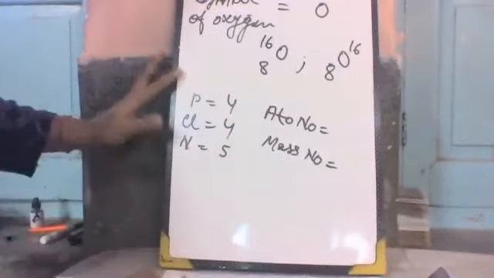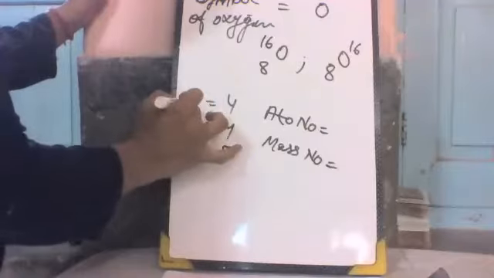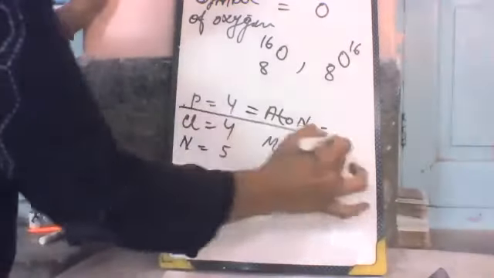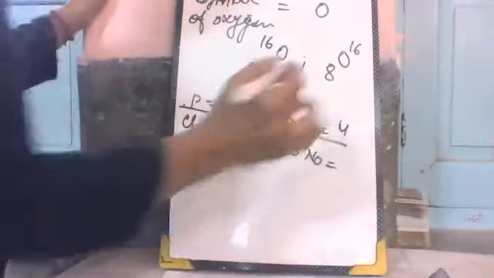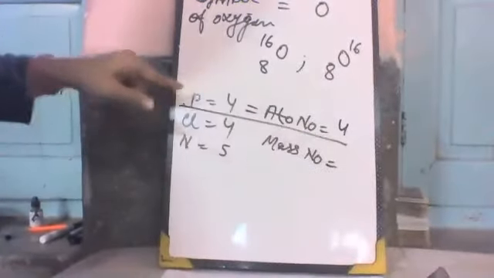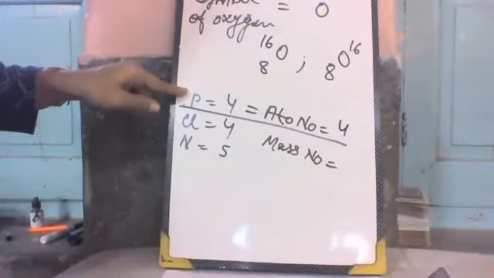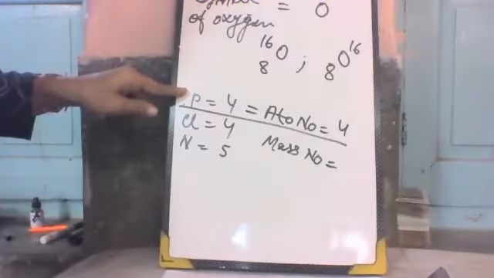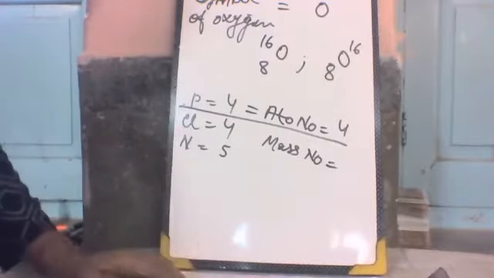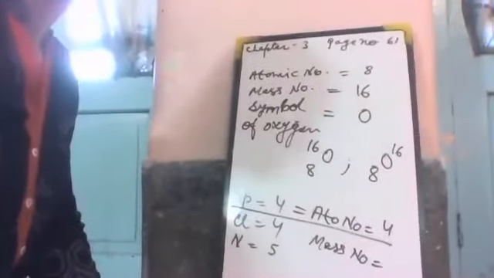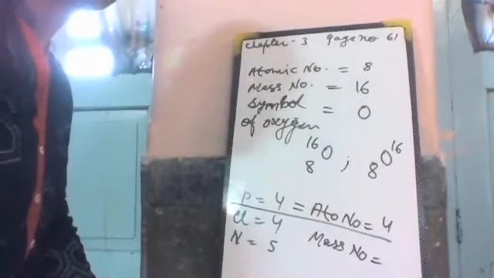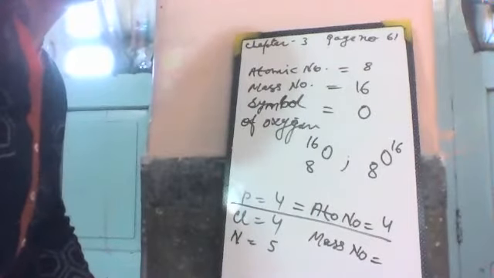You should remember this. The number of protons is equal to the atomic number. So the atomic number is 4 because the number of protons is 4.